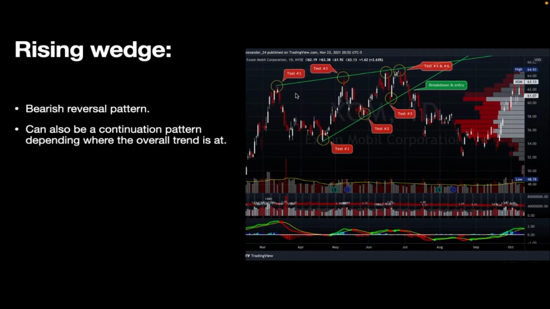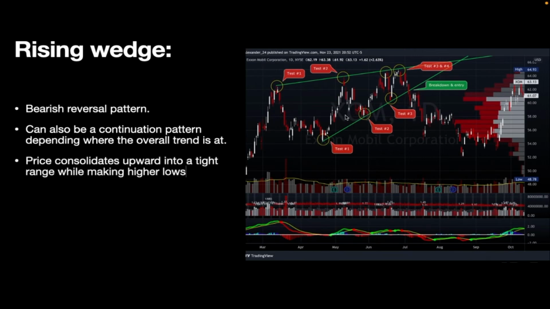So if we were going in a downtrend and then it starts to rise up and form the same consolidation as this and then falls more, that would be a continuation. It'd be kind of, I don't know if you guys ever seen a bear flag, but similar to that. But in this case, this is a clear reversal trend. We were in an uptrend, right? And then we finally break down.